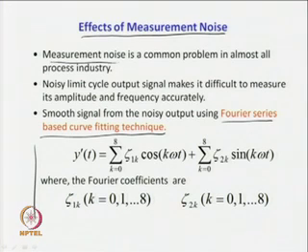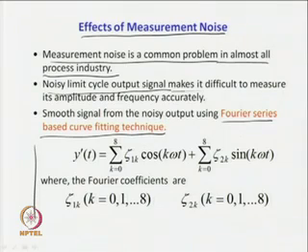So, measurement noise is a common problem in almost all process industries, irrespective of presence of accurate sensors. The output is often found to be corrupted. So, that way it is a very common problem in almost all industries. Now, noisy limit cycle output signal makes it difficult to measure its amplitude and frequency accurately.